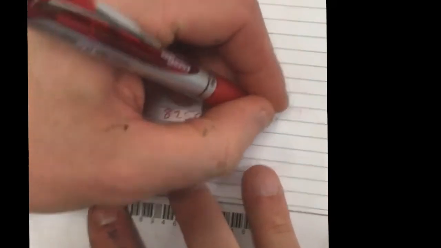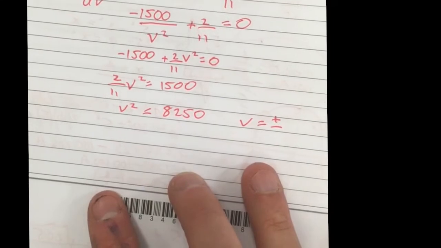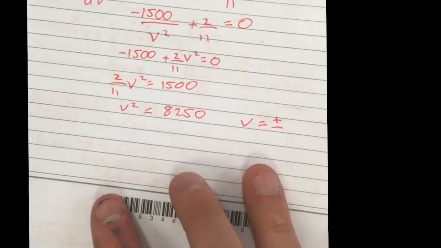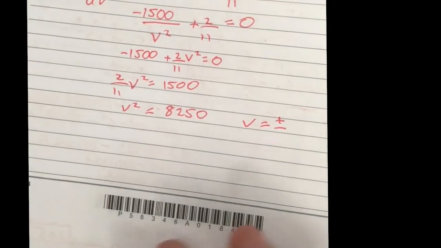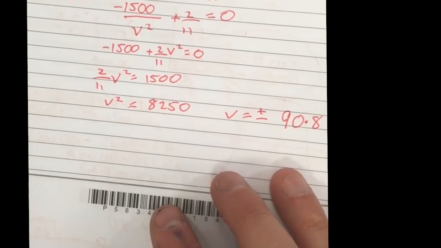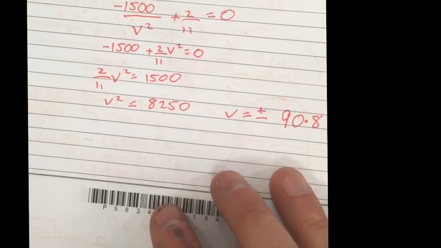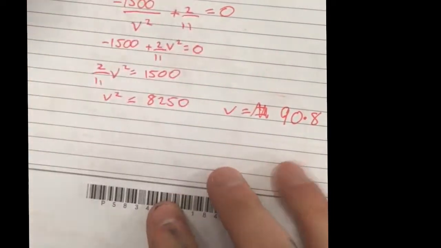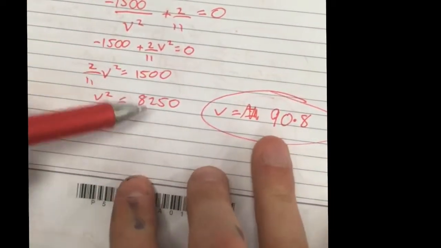So v equals plus or minus, let's do it exactly, plus or minus 90.8. Cool. I guess we'll just stay positive because it's a speed, isn't it? So that's our velocity that gives us our minimum.